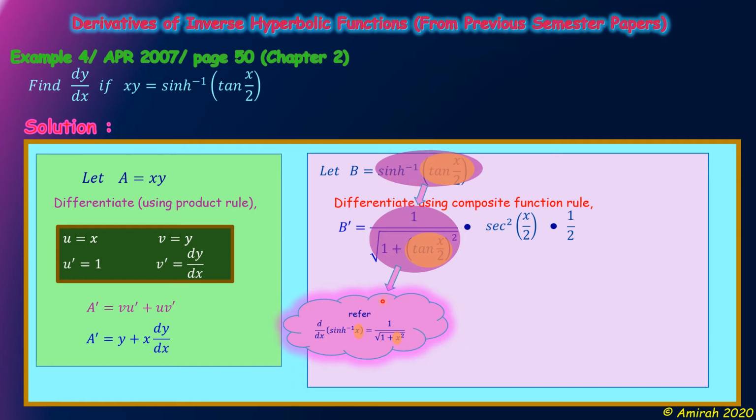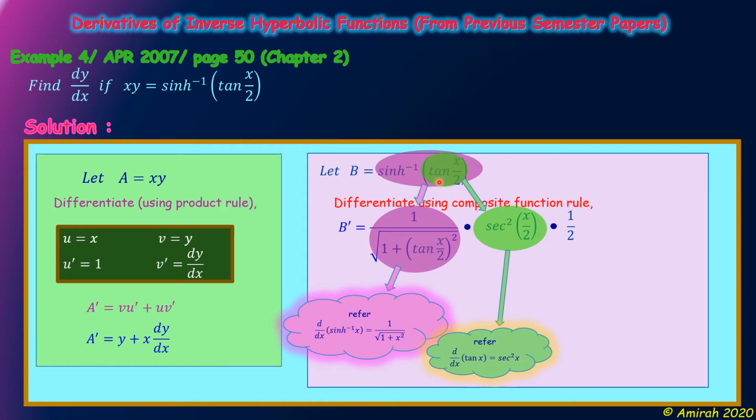And after that, we differentiate tangent x over 2. So how to differentiate tangent x over 2? We refer to the derivative of tangent x. From the formula, the derivative of tangent x equals sec squared x.